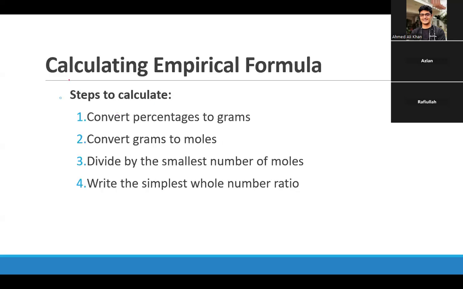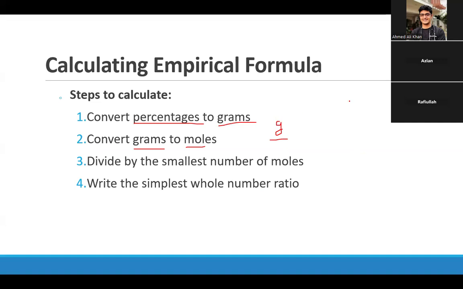Okay, so to calculate the empirical formula when you're given the percentage compositions, the very first step is to convert the percentages into grams, right? And then you convert the grams into moles. How do you convert the grams into moles? You just simply divide the grams by the molar mass of that atom, of that element, right?